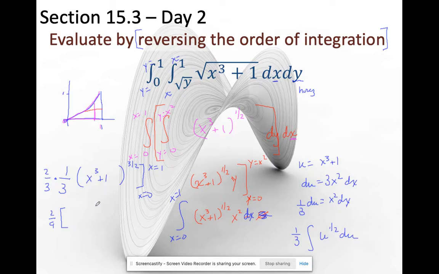One cubed is 1, plus 1 is 2, which is not an integer, right? The square root of 2 cubed, not an integer. Whoops, sorry. 1 plus 1 is 2 to the 3 halves, minus 0 cubed, which is 0 plus 1, which is 1 to the 3 halves, which is 1. And that's how I'm going to leave my answer.